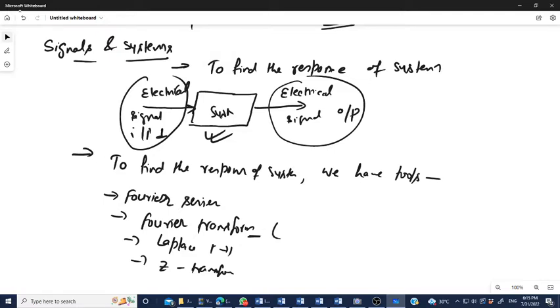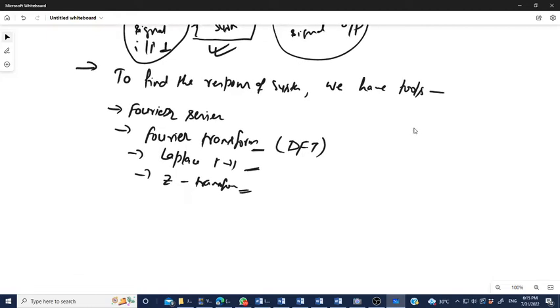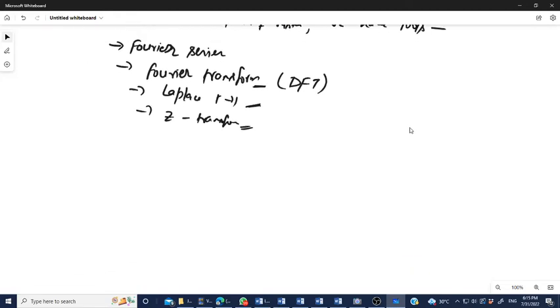We will also cover the DFT, the discrete Fourier transform, the Laplace transform, the Z transform, and the inverse Z transform.